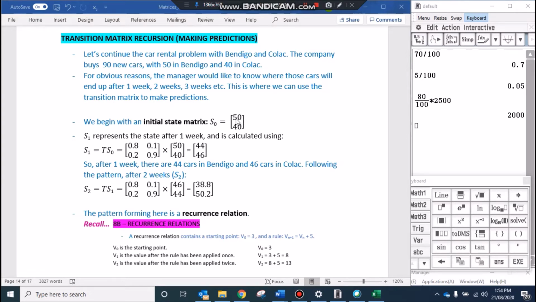So we're starting. The first row of this column matrix is 50 because that's the number of cars that are in Bendigo. And the second element in the column is 40 because that's the number of cars that are in Colac. Now, a question you might be asking is, well, why is it not 40 and then 50? Why does it go Bendigo first and then Colac second?